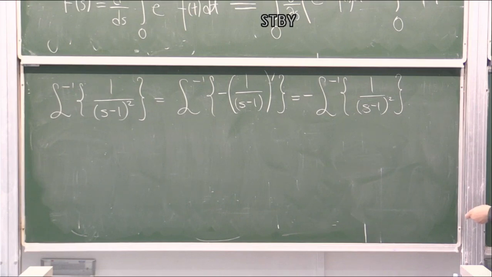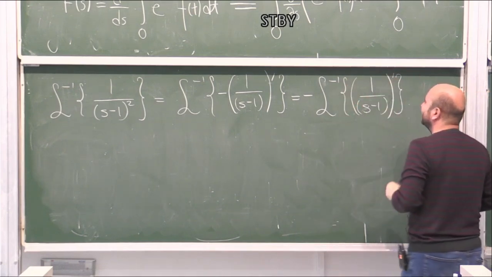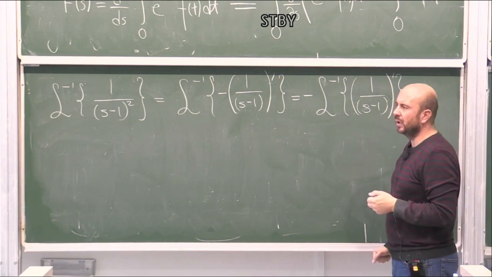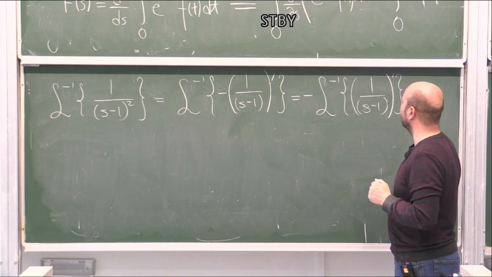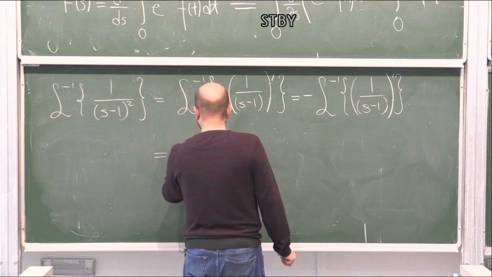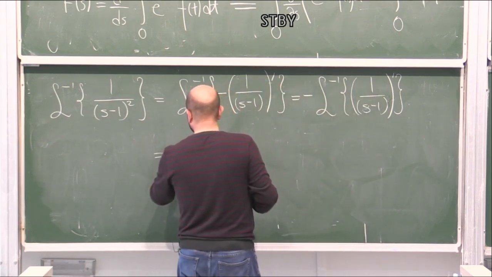Okay. Oops. What am I doing? This thing says that you took the derivative in the s domain. So if you take the derivative in the s domain, then it will be equal to multiplication with minus t in the time domain.